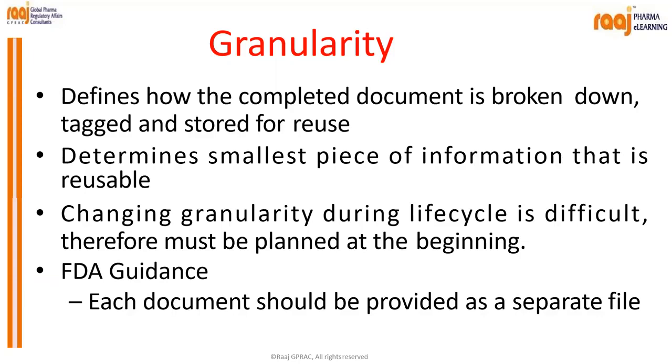Then the compatibility. If you make small sections out of small pieces of information, it becomes easy for you to maintain. If there are any changes later, you can just replace that small part, like compatibility studies or stability studies. You don't have to revise the entire document. That is why you determine the smallest piece of information that is reusable.